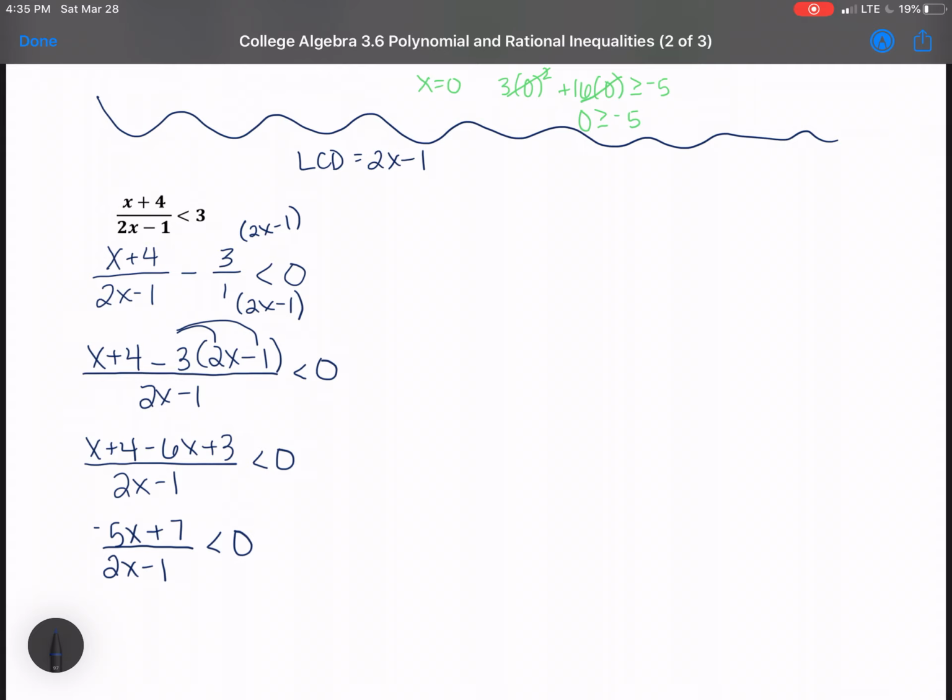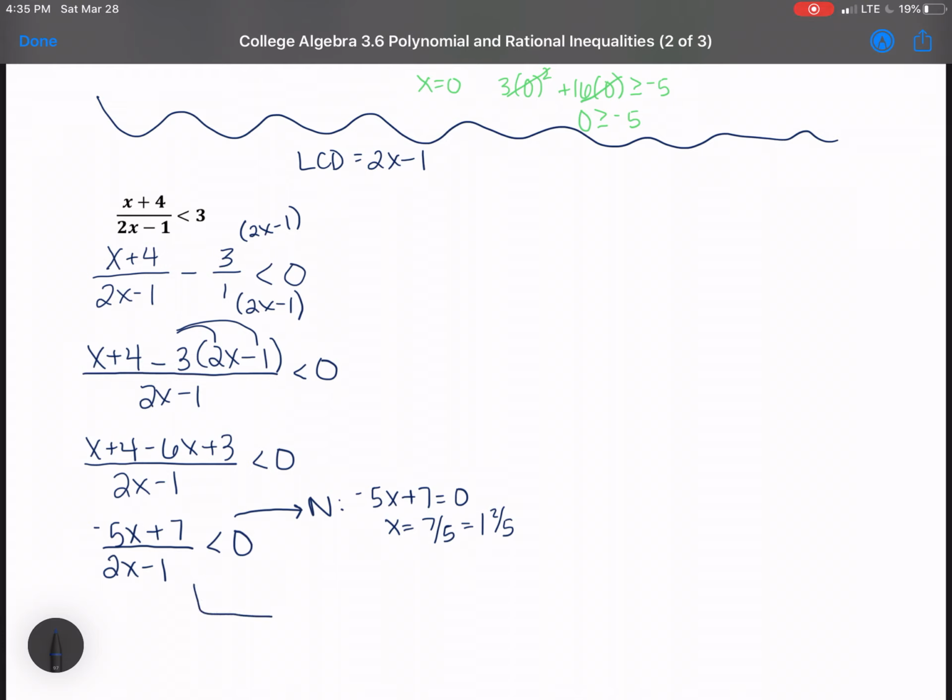Okay, so now that we have it simplified into one expression, we're going to take our numerator and solve for x. If negative 5x plus 7 equals 0, then we know x is going to equal 7/5, which is also 1 2/5, or 1.4.